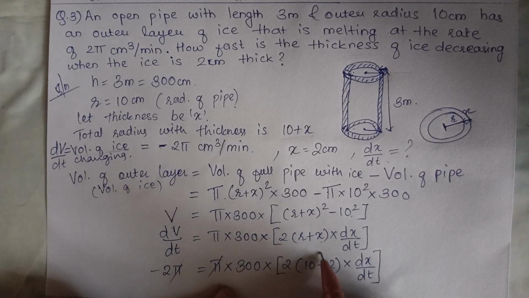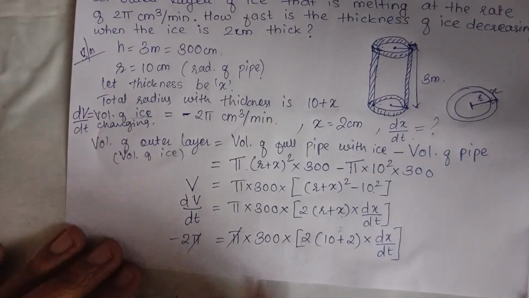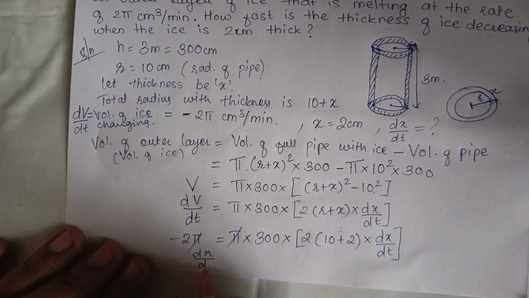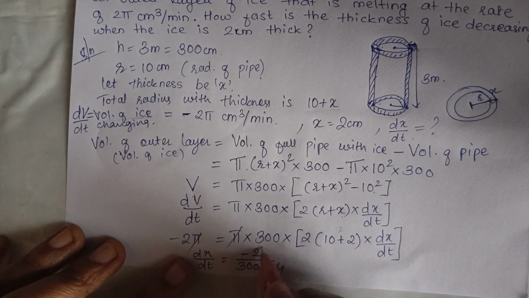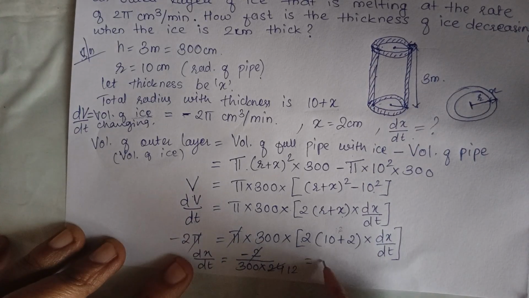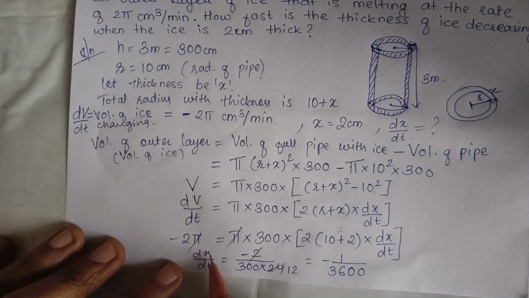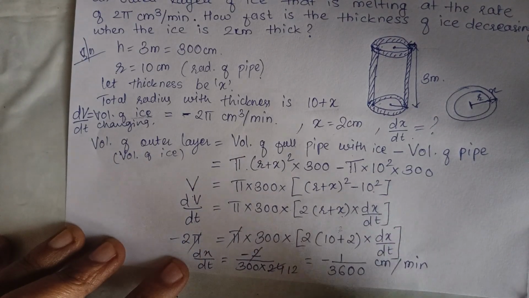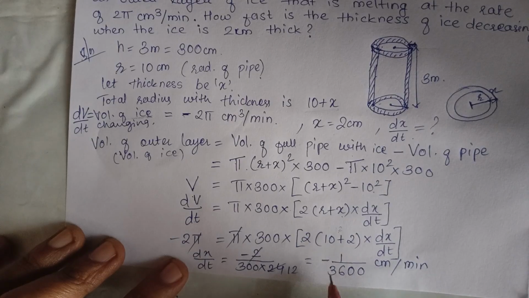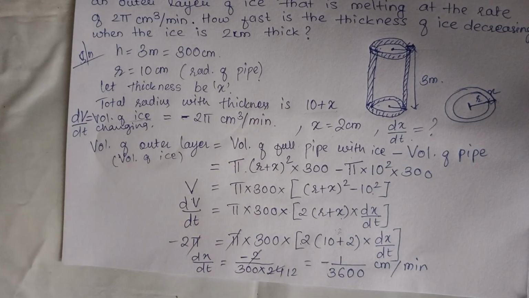This will be 12, so 12 times 2 is 24. So dx by dt is minus 2 upon 300 into 24, which is minus 1 upon 3600. This is the change in thickness in centimeter per minute. It is decreasing, so that's why it is negative.